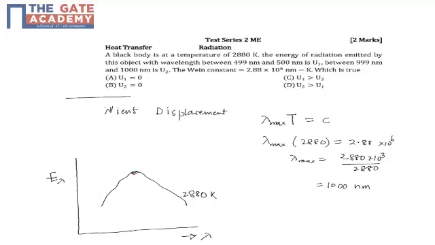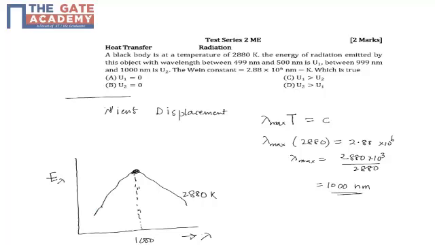That's what you would have studied. So at this wavelength it is 1000 nm. That's what the Wien's displacement law gives. At this temperature of 2880 Kelvin, the wavelength at which the spectral density is maximum is 1000 nm. Now what he is asking is, between 499, let's say the 499 is somewhere here.